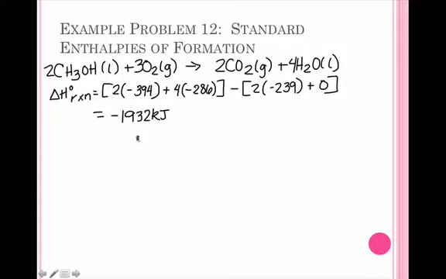So that is not really the final answer, sorry. Ignore that. Your final answer is negative 1,454 kilojoules. And according to the reaction, how we have it written, that is for 2 moles of methanol.